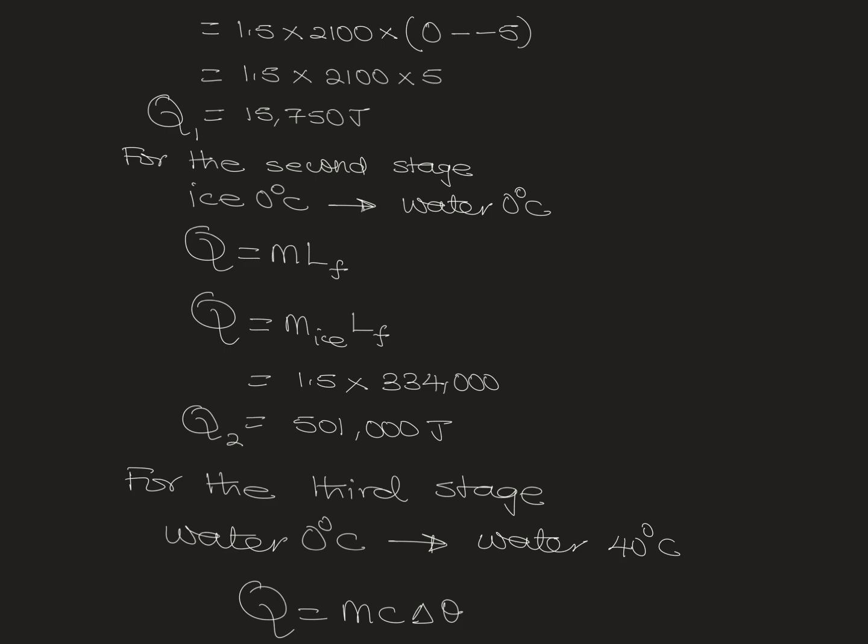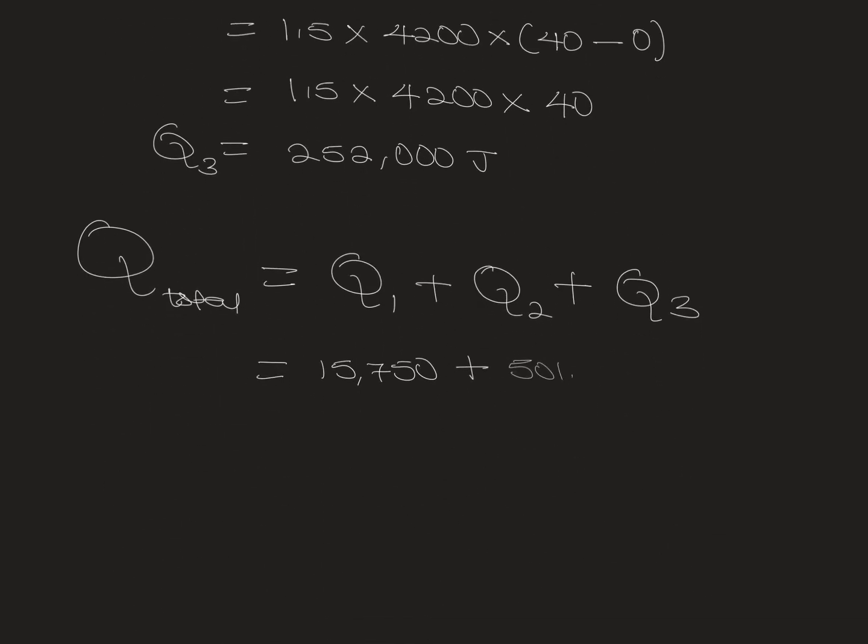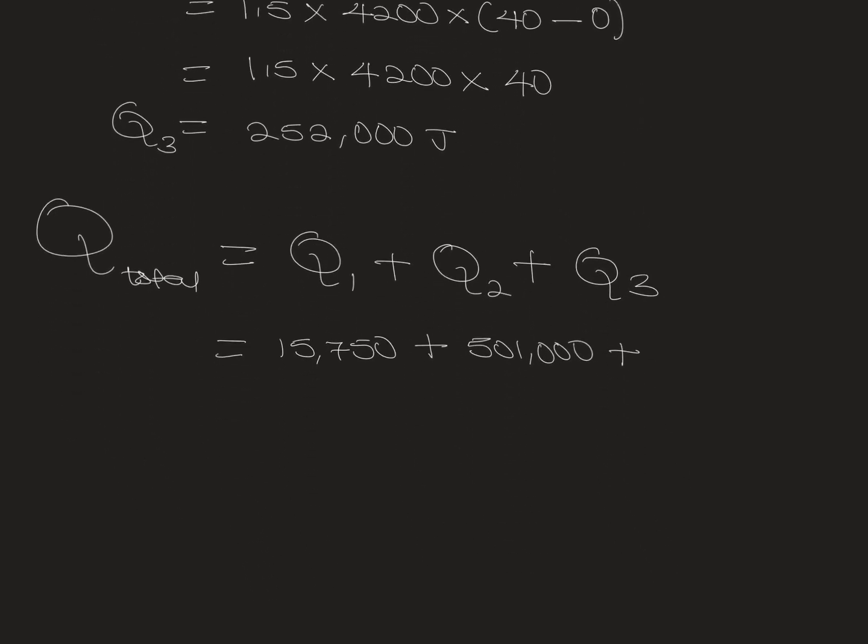Q2 is the energy for the second stage is 501,000 plus Q3 is 252,000 joules. So if we add all this up, 15,750 plus 501,000 plus 252,000 is 768,750 joules.